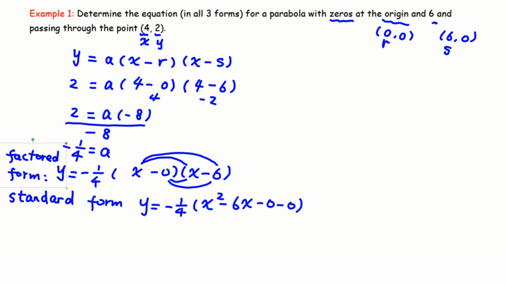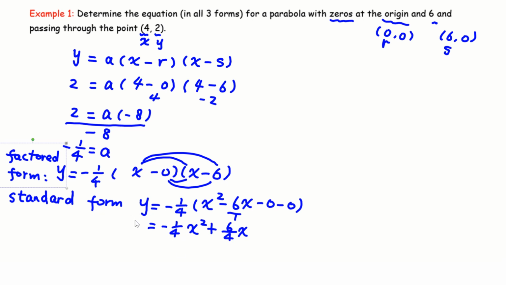Then we get rid of the bracket, so we have negative 1 over 4 x squared. Negative 1 over 4 times negative 6 gives you positive 6 over 4: numerator times numerator, 1 times 6 is 6, and denominator 4 times 1 gives you 4. Then minus 0 is 0.